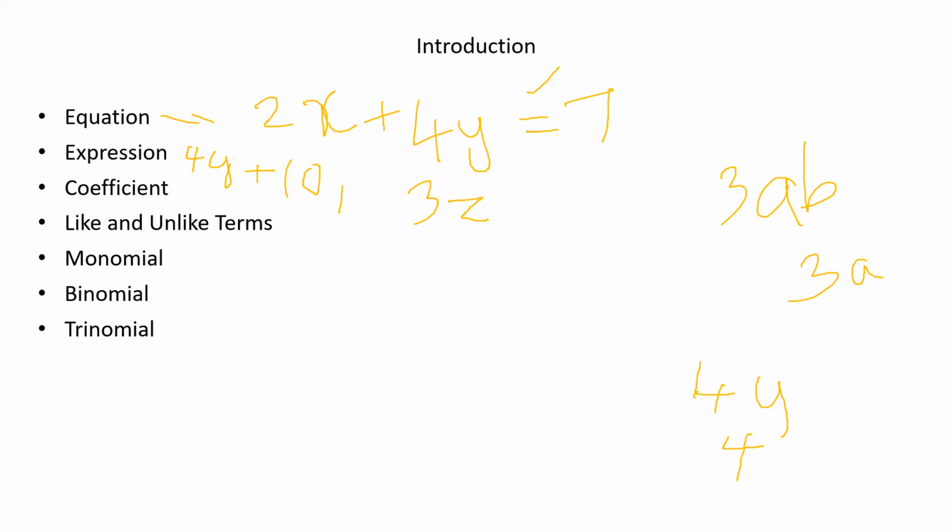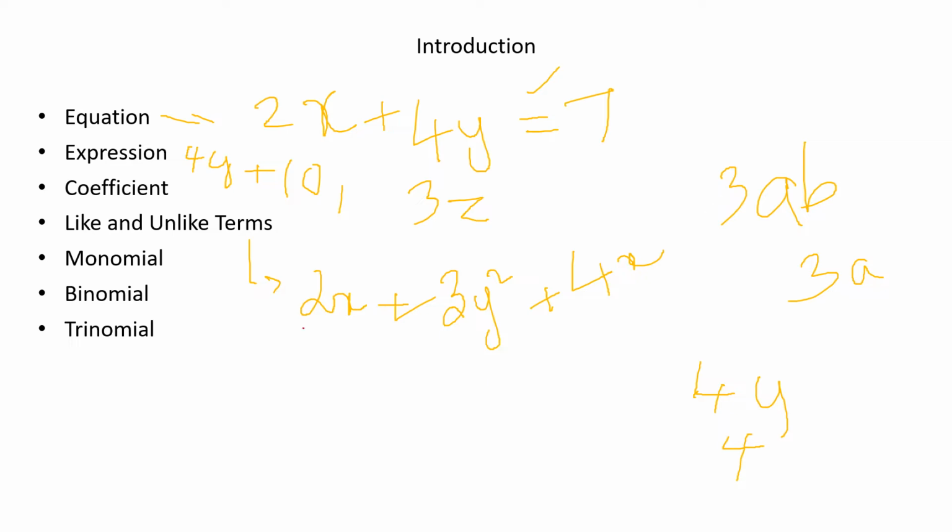Then what are like terms and unlike terms? So I'm going to write an expression: 2x plus 3y square plus 4x. In this expression, can you write the like terms and unlike terms?